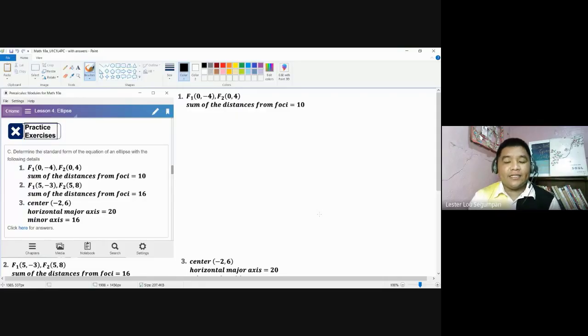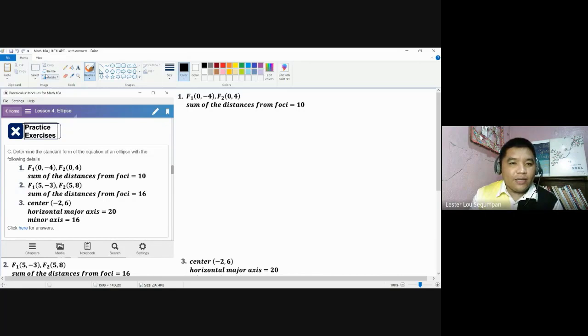To determine the standard form, we just need to determine three important things. Number one, the center. Number two, the value of a. And number three, the value of b. Whenever we have these three items, we can automatically create the standard form.